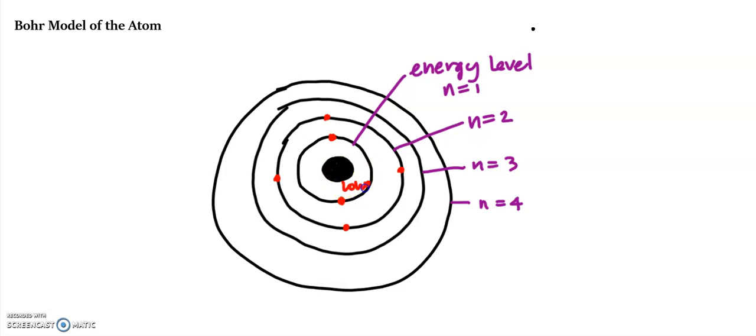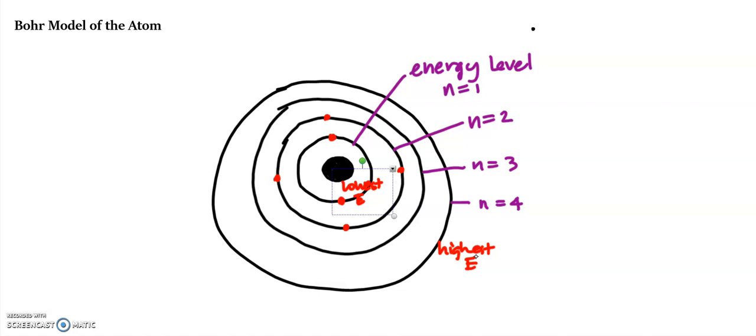So here's one where you have the lowest energy. And then out here would be the highest energy. So the farther away you get from the nucleus, the more energy that energy level has. So the more energy it's going to take for that electron to be in that position.